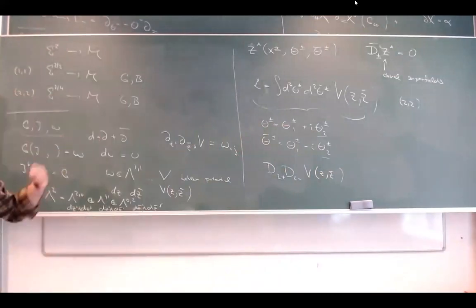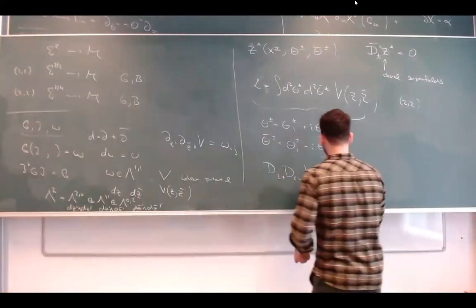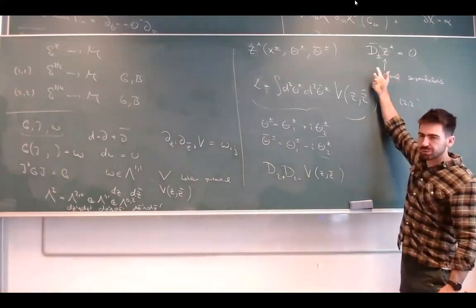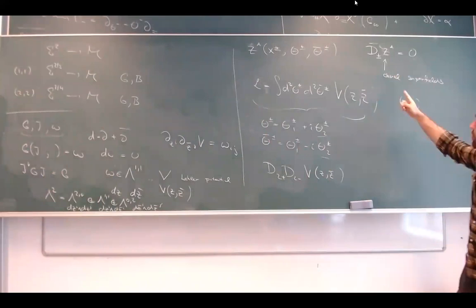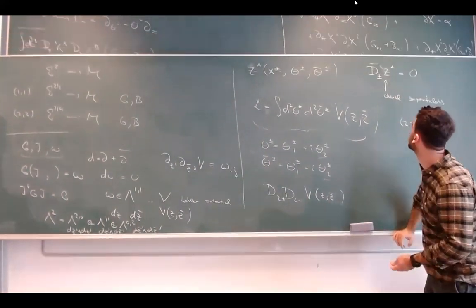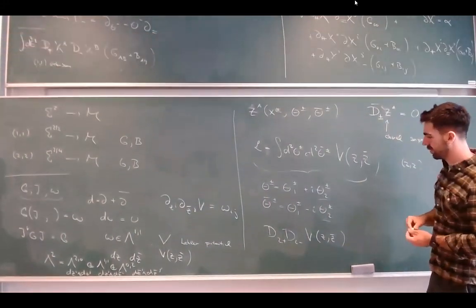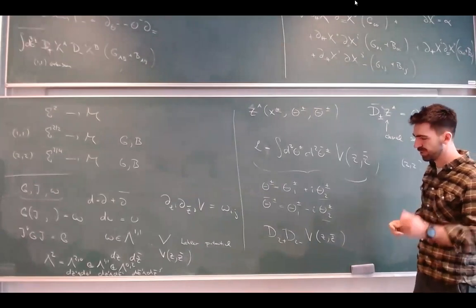And I will reduce from 2,1 to 2,1 superspace. But I need to remember that while I'm doing this, I'm using these constraints, which allow me to switch between D1 and D2, right?